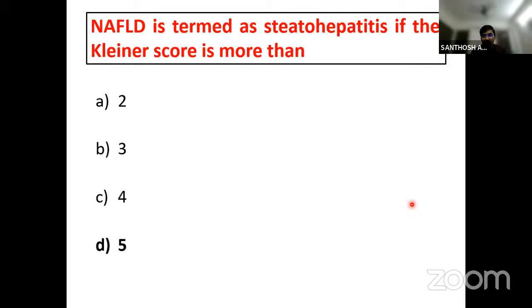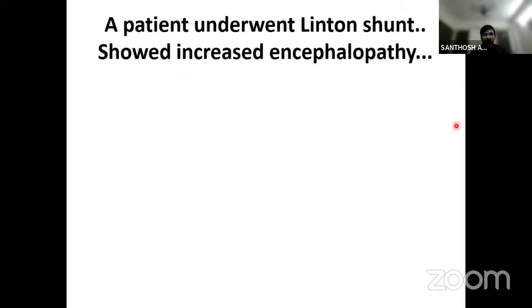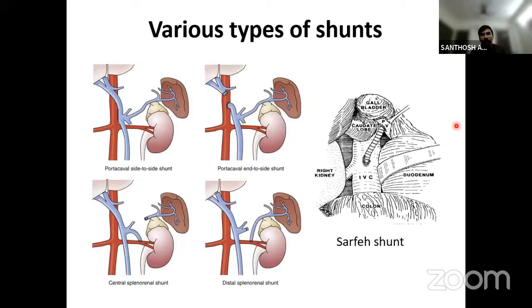You'll just note that. So patient underwent Linton. Again, this we didn't find any options. Showed increased encephalopathy. So someone remembers, please do help us. We thought we will just discuss about the most common shunts which are being done. So this is side-to-side portocaval shunt.